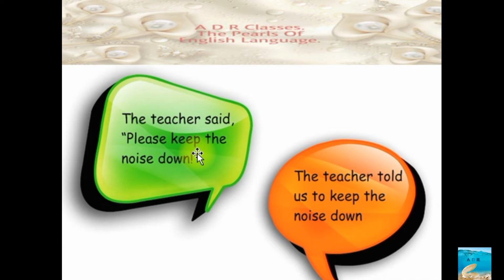The teacher's job is only to tell the students or remind the students, and to make them keep silent. So though the tone is a requesting tone, you are not supposed to use request here.